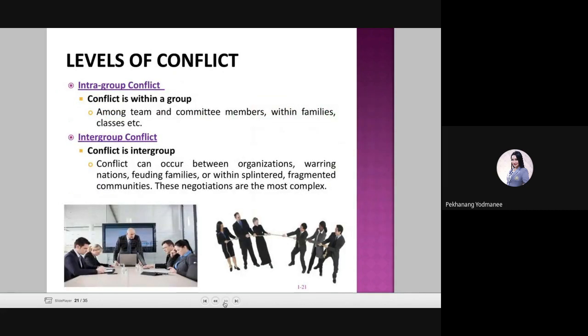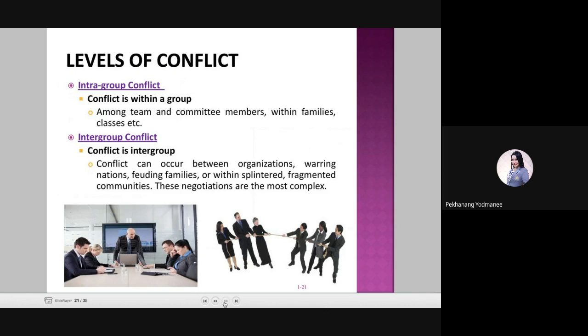And next, intra-group conflict. A third major level of conflict is within a group, among team and work group members, and within families, classes, living units.